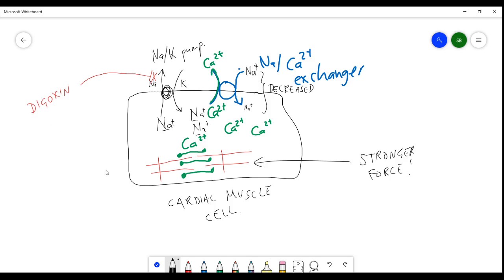So then what digoxin is doing is increasing intracellular sodium. That causes a build-up of intracellular calcium, and that causes a stronger output in the heart.